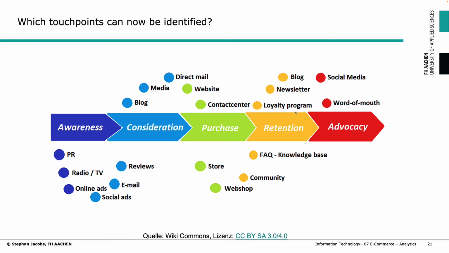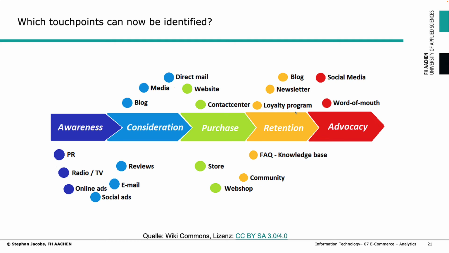Again, let's have a look at our customer journey. Which touchpoints can now be identified? The difference compared to the situation we had before is that we can now track touchpoints on several websites. So probably if you have a good network, then you can have touchpoints in all phases, from awareness to advocacy.